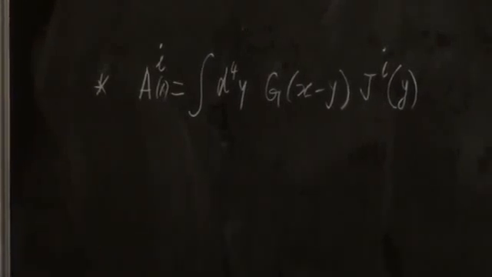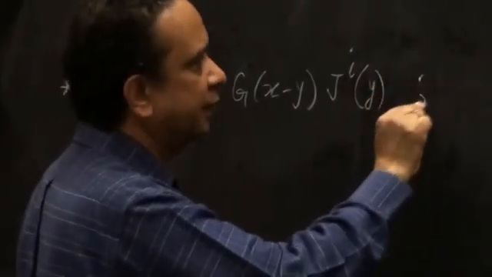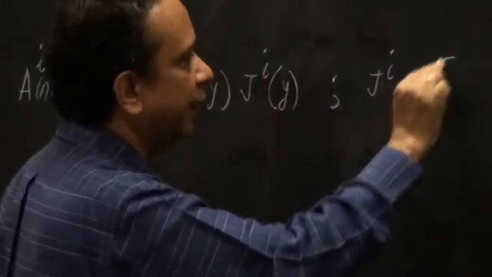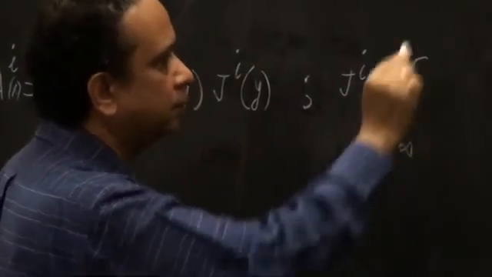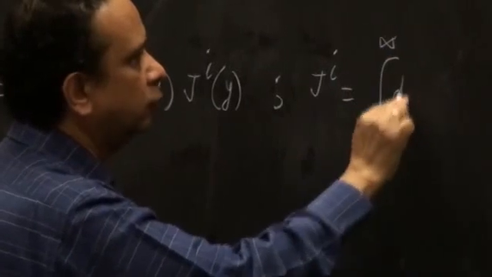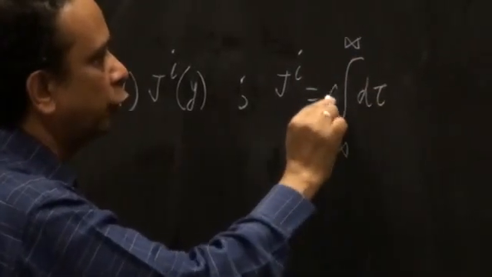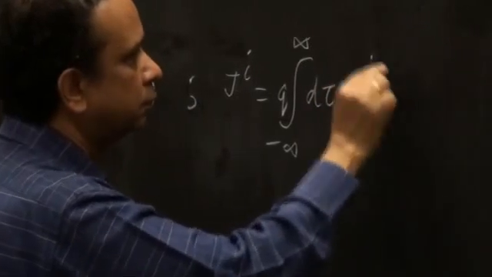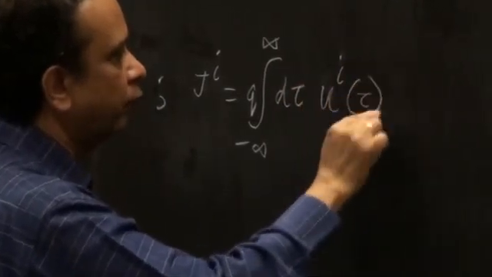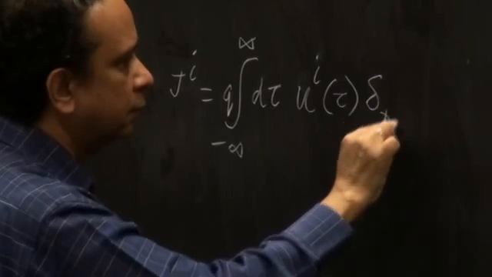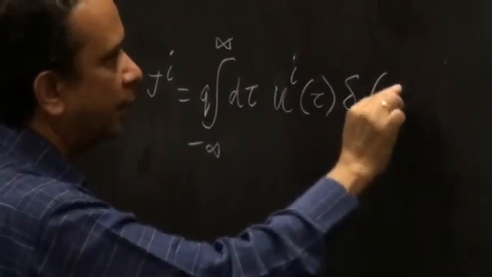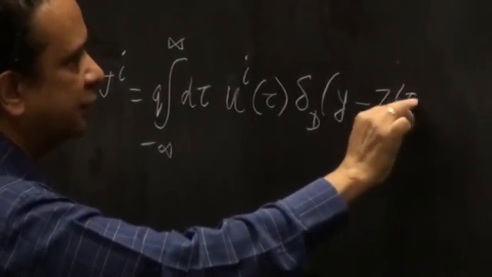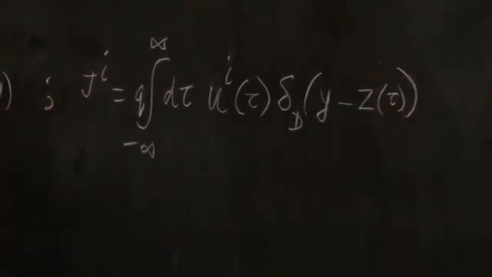Now if you are thinking of a charged particle which is moving along some trajectory, then j_i is going to be an integral over the proper time, d tau, q, u_i of tau, Dirac delta function of y minus z of tau, where z of tau is the trajectory.